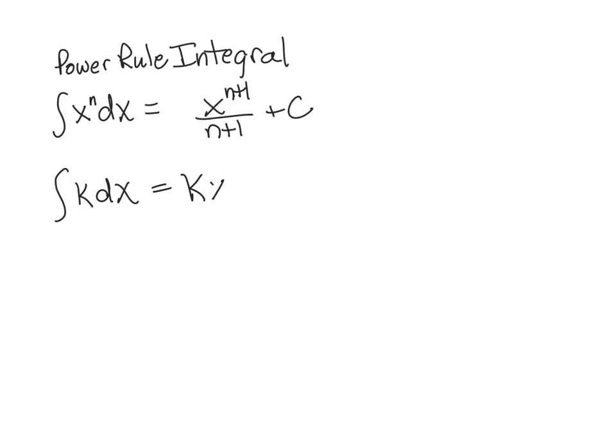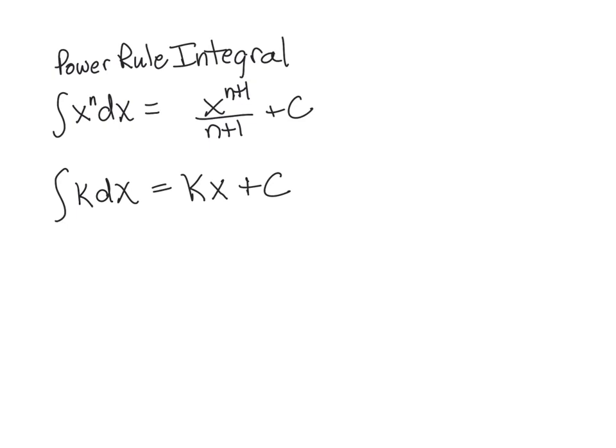We copy the invisible x. We add 1 to the invisible power, and we divide by 1, plus c. Now, ask yourself, what's the derivative of k times x? It's just k. So we know we're right. You can always take the derivative of your answer and check to make sure that you get the question back.